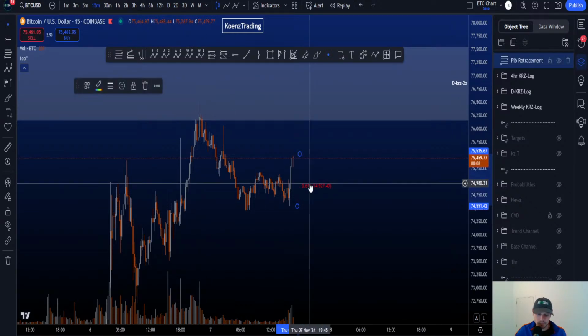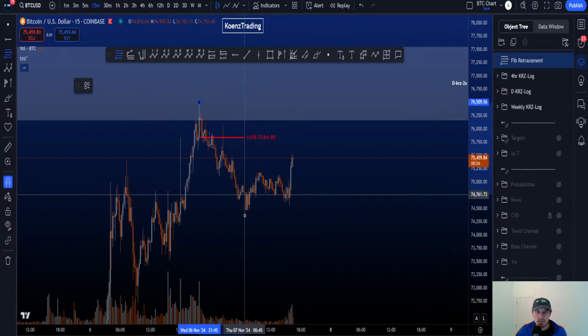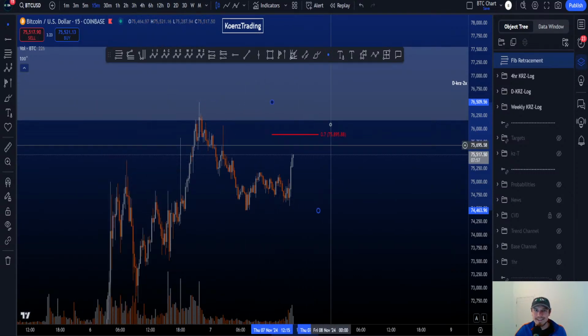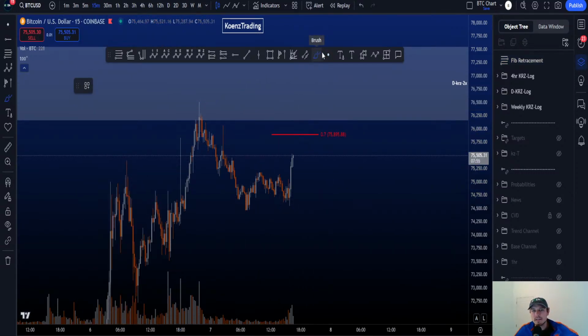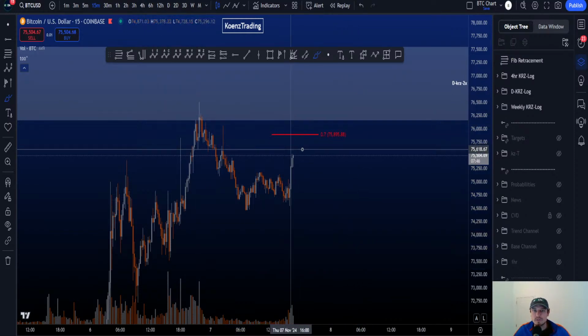a later stage. So let's see, did we hit... We didn't hit the golden pocket. If price does touch the 0.7 at 75.9k, then it significantly decreases probabilities for a double zigzag in a WXY. So that's an important level.